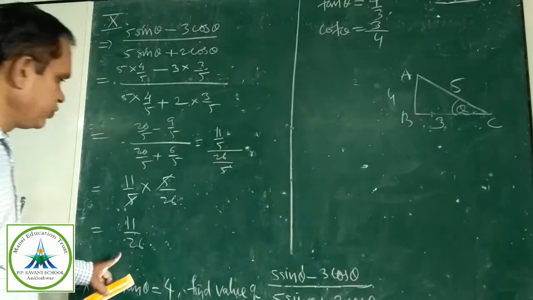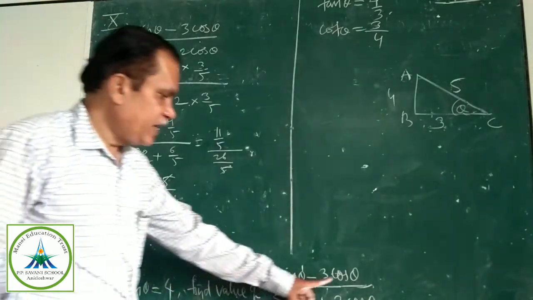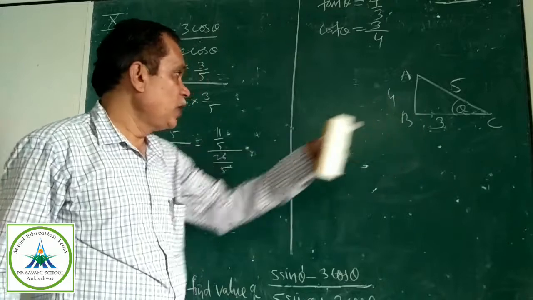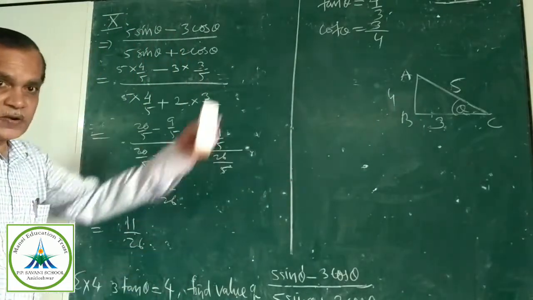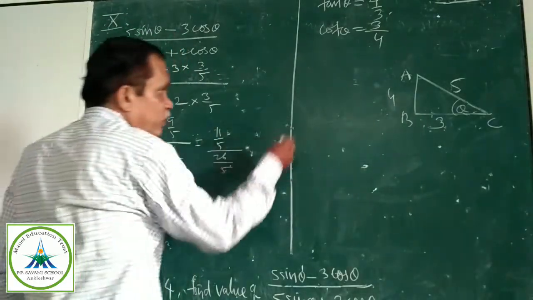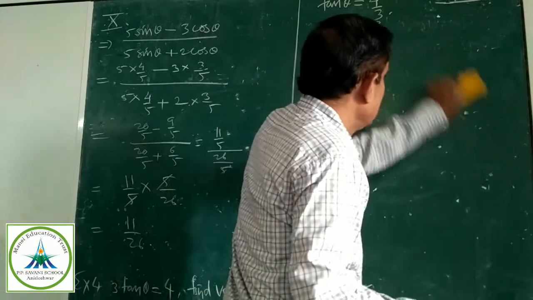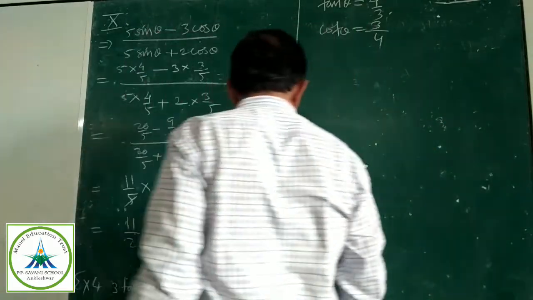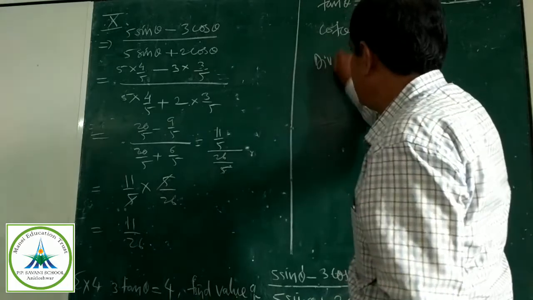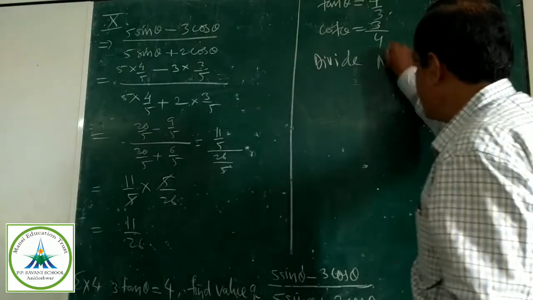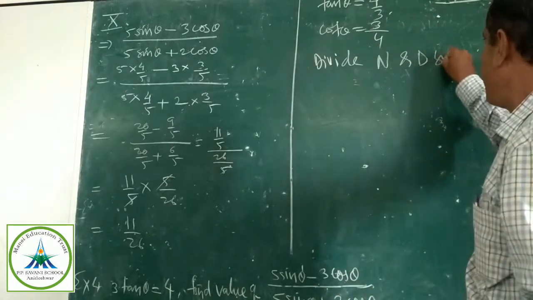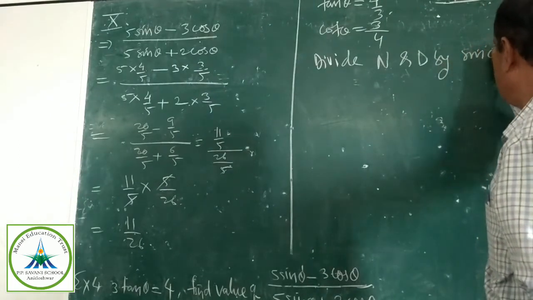You got the first way individually by finding sine and cos from the formula; the second way is this. Here I divide numerator and denominator by sine theta.